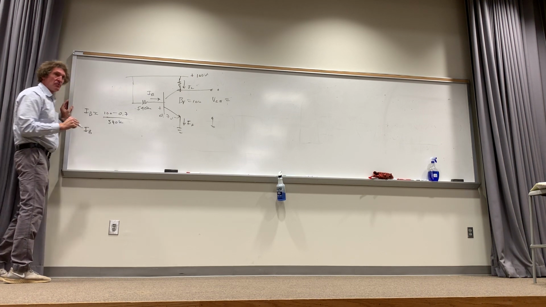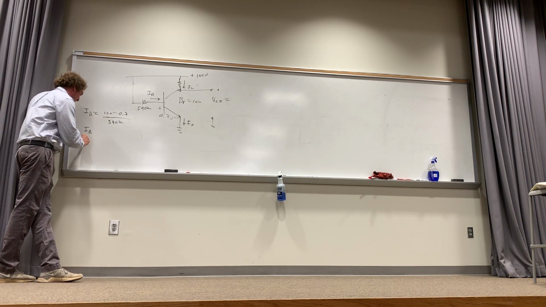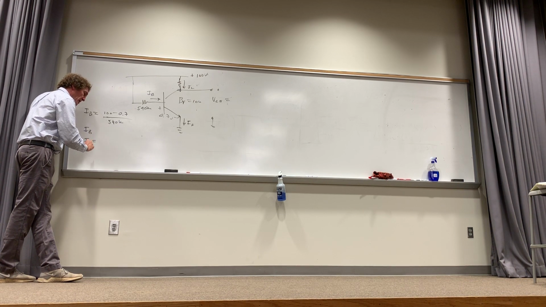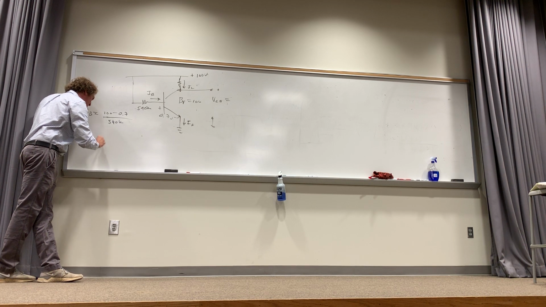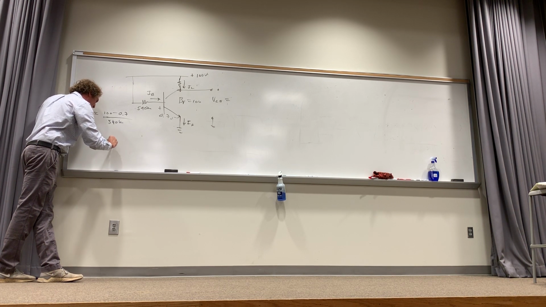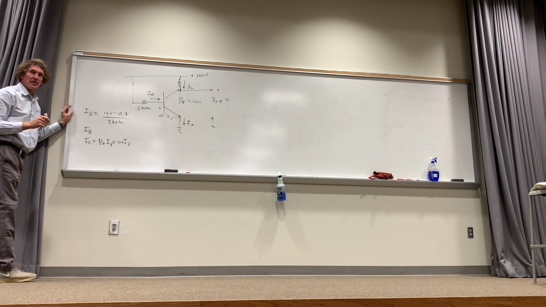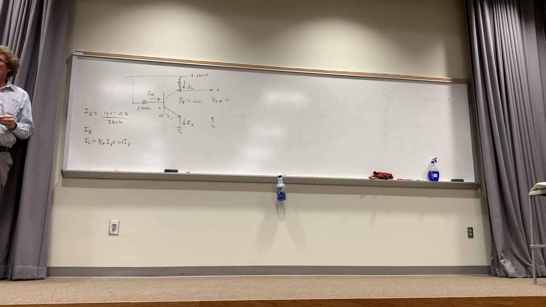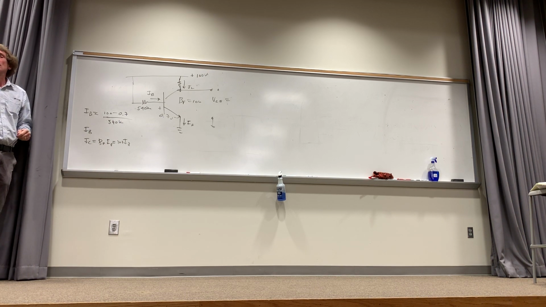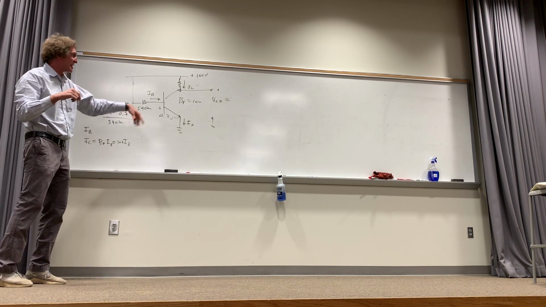Once I have IB, how do I get IC? Beta times IB, or 100 times IB. Agreed? Just leave it as 100 IB. Once I have IC, I don't need IB.